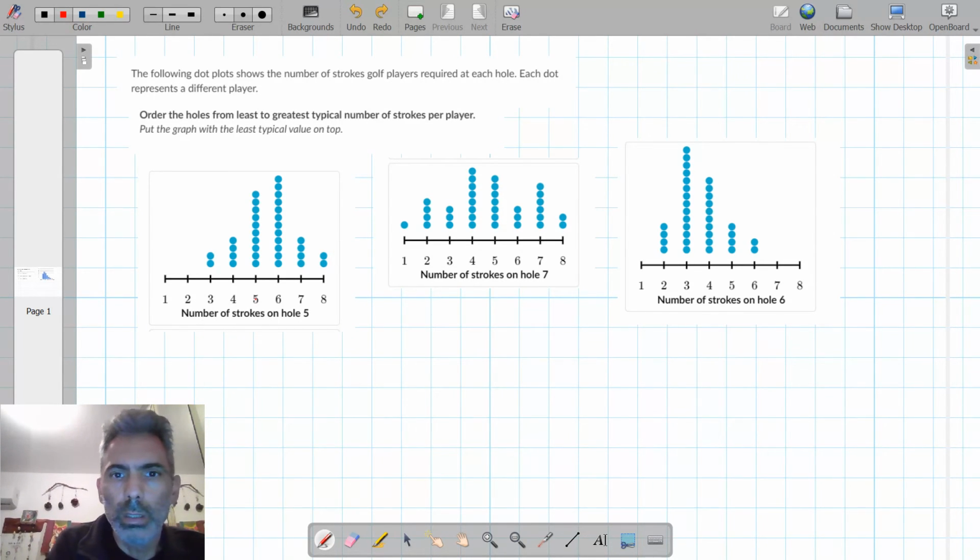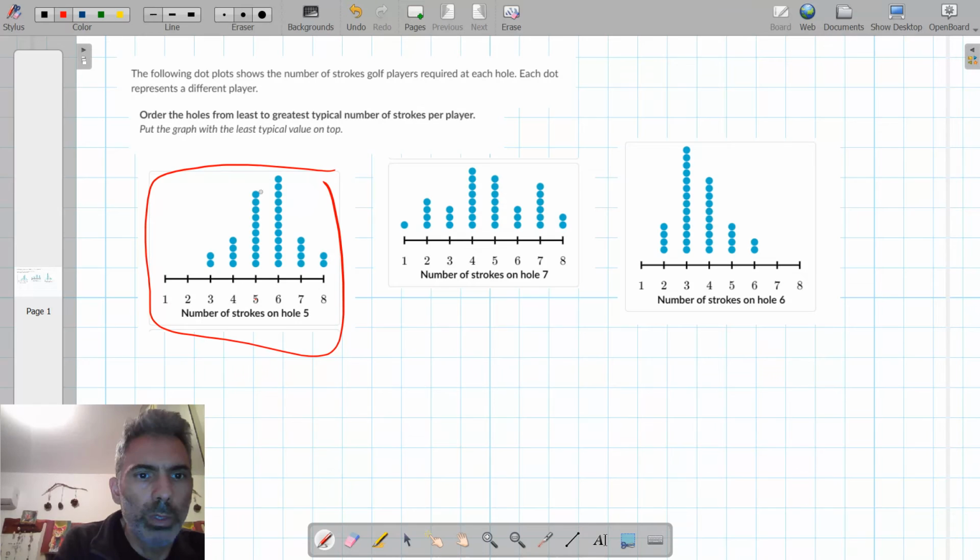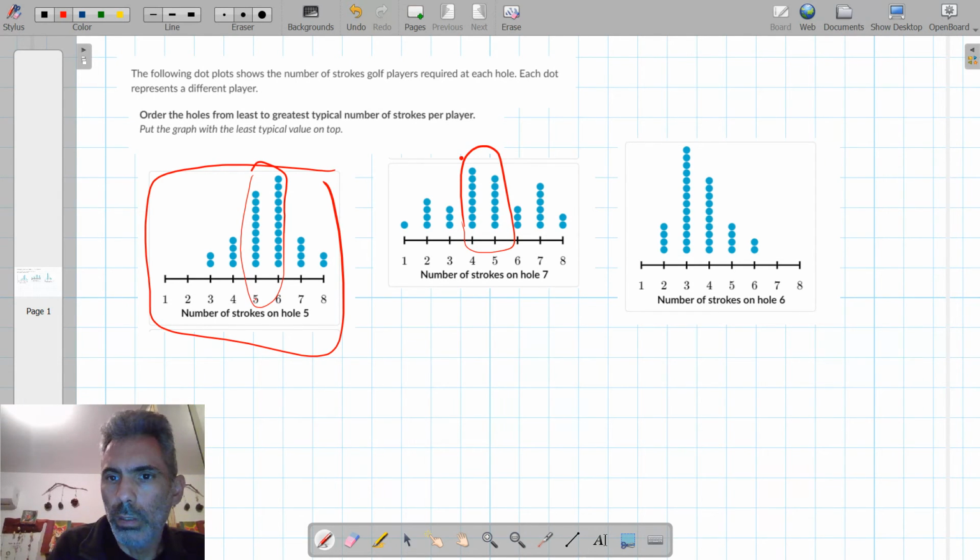Okay, typical number here, so here it's between 5 and 6. Here it's between 4 and 5. And here it's between 3 and 4.